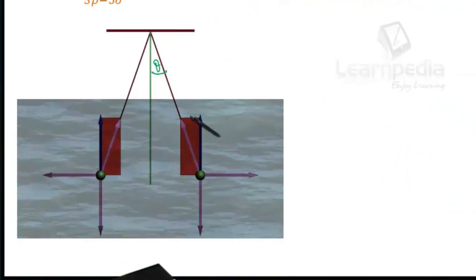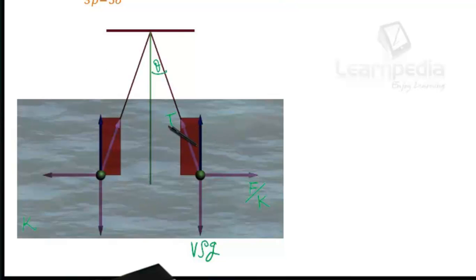Here T is the tension, and this is V into rho into g, which is the weight of the object. And this is the electric force, which was F in the previous case, but this time it is going to be F divided by K, because K is the dielectric constant of the medium in which the whole system is immersed.